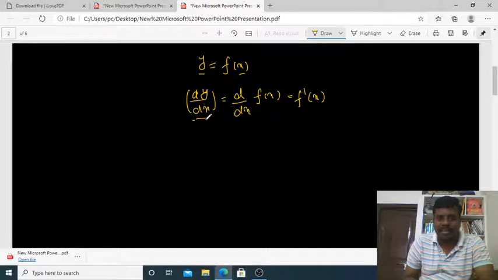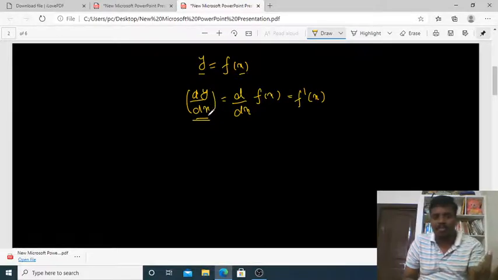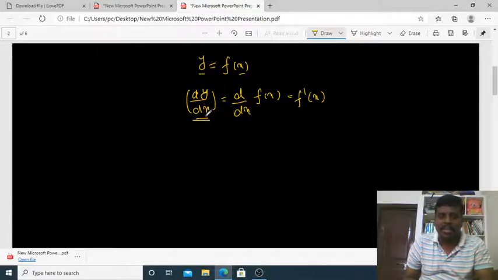Such types of derivatives are involved in an equation with one dependent variable with respect to one or more independent variables. One or more independent variables means that is PDE. In partial differential equations we discuss more than one independent variable. Now such types of equations are called differential equations.